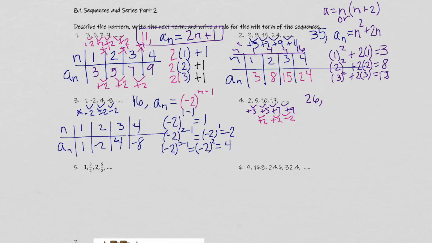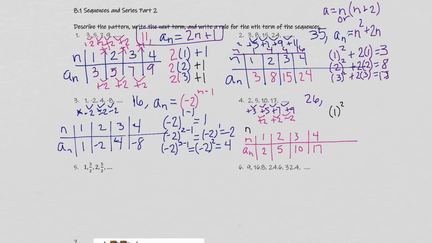So I'm going to create my box here, my terms, and then my positions in my sequence terms. So 1 would go with 2, the second term was 5, the third term was 10, the fourth term was 17, and I know I want to look at maybe squaring my n. So I would say, what if I squared the n first? Let's just do that. What if I did 1 squared? What would I need to do to get to 2?